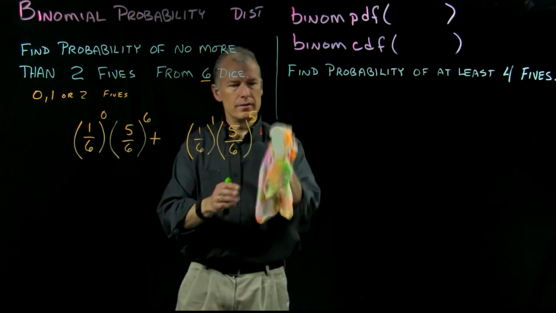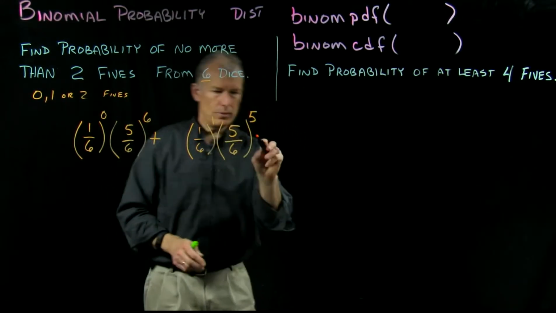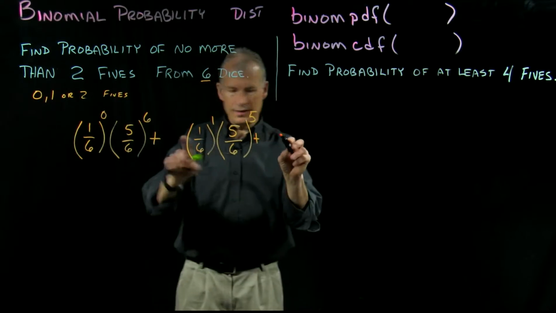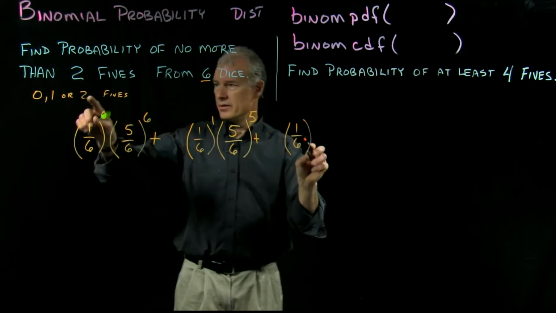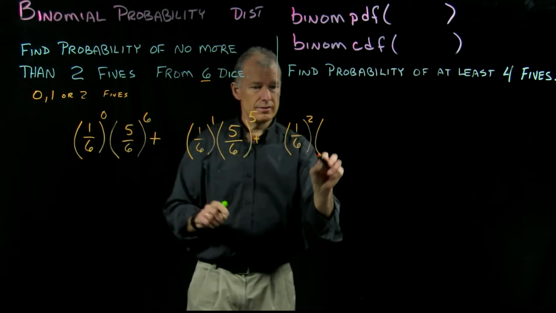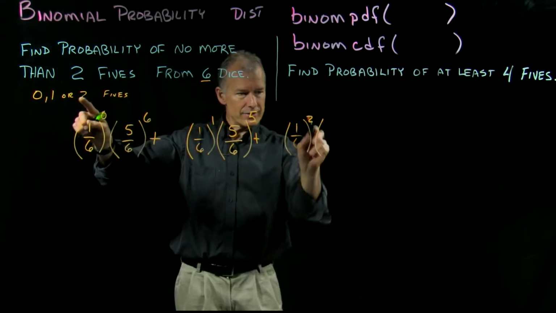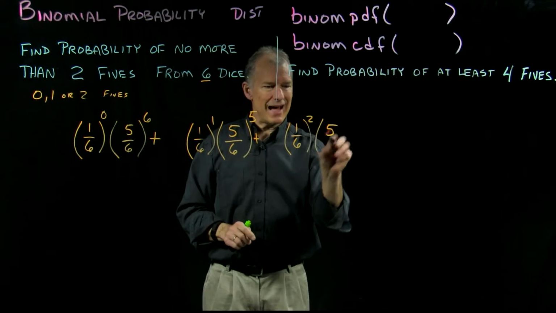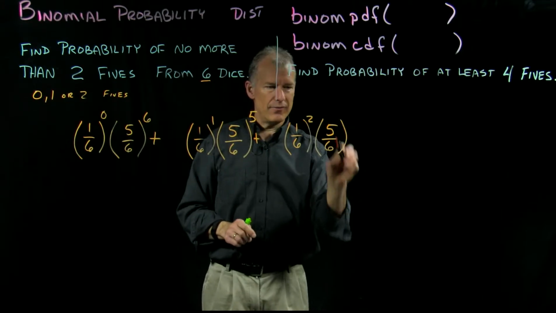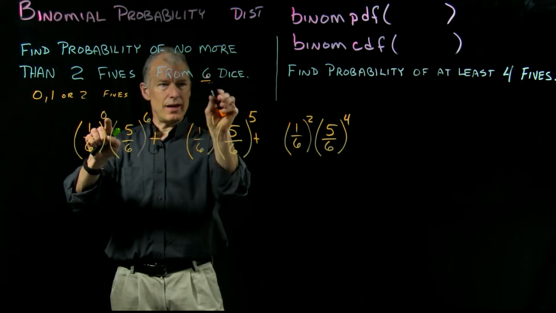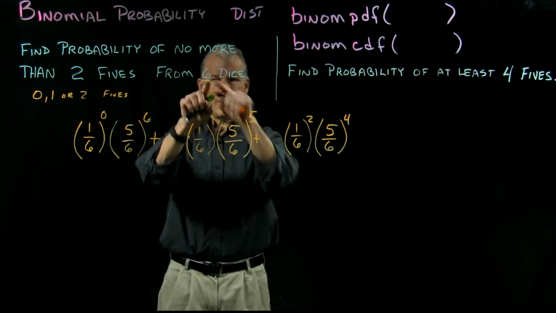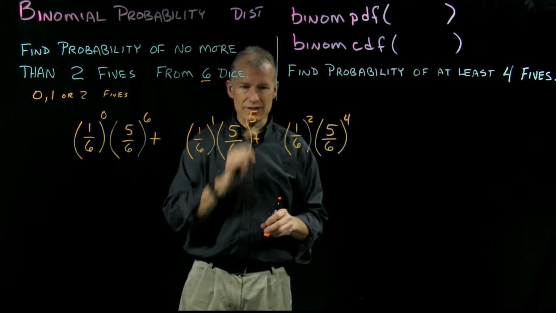And then one more plus, again, I need to come back to this. There's the probability of getting 2 5s, and then the probability of not getting a 5 would be 4. And again, remember 0 and 6, always, that's how we get to our 6 dice. 1 and 5 gives us 6, 2 and 4 gives us 6.